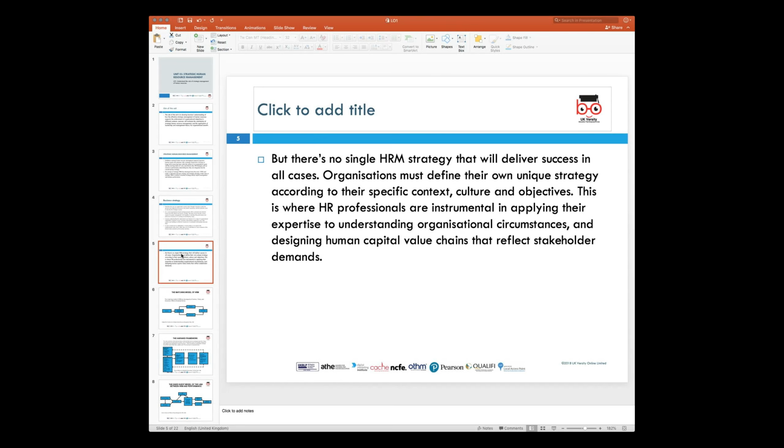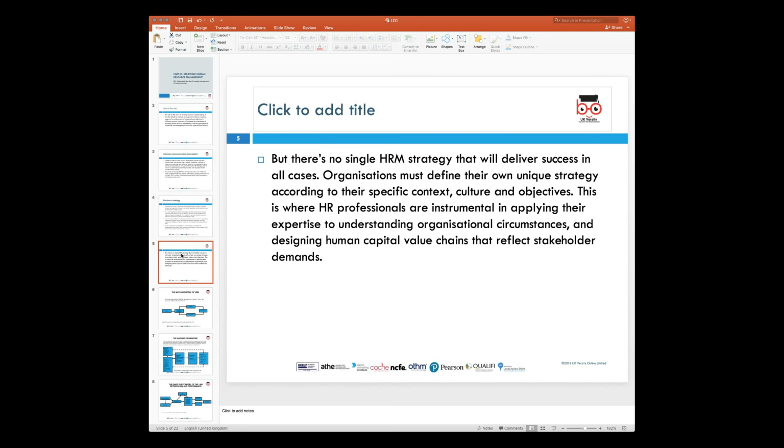So here the organizations must define their own unique strategy, which is related to their culture, their organization, and to a certain extent the objectives which it wants to achieve. And aligning this strategy, marrying it with the people side of things within the organization, to look at the structure of the organization, look at the culture of the organization, and overall how this is going to be managed is the role of HRM.